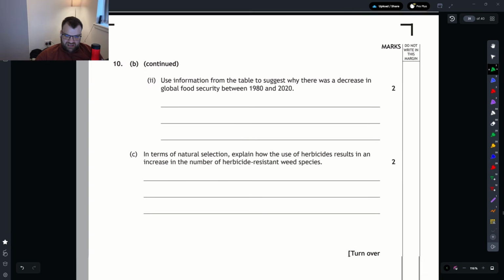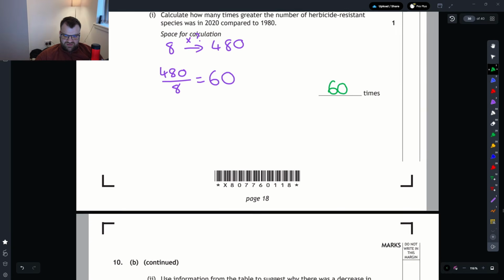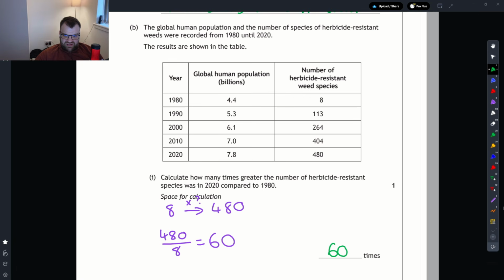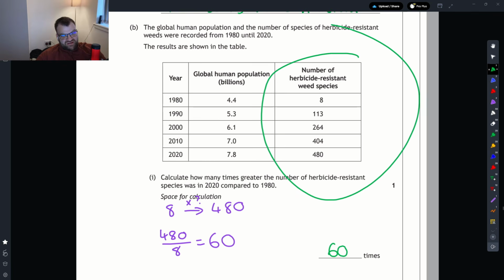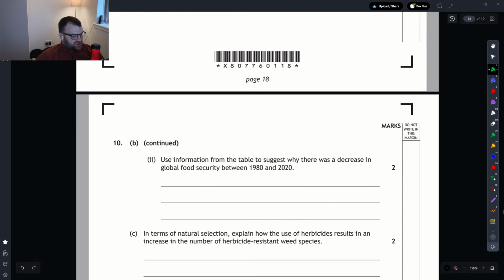That would work. Why was there a decrease in global food security over the range of... could you say either of them? One of them is that the population has almost, no, not quite doubled. It's gone quite a big increase, but there are also weed species that are resistant to weed killer, so therefore they would compete against the crop and reduce the crop population.